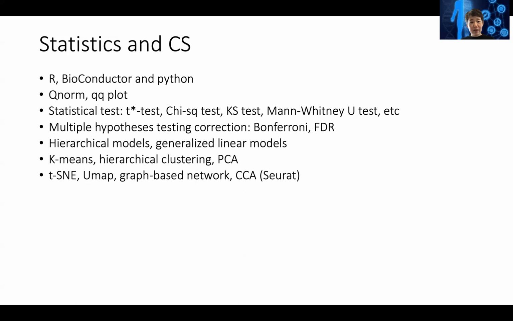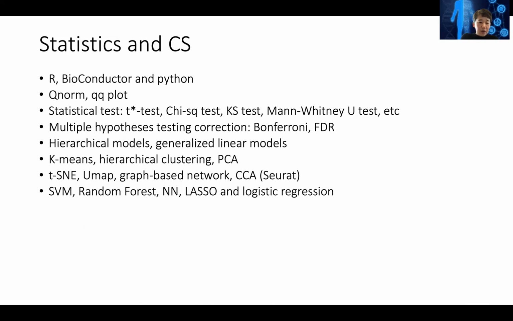These are kind of the CS or machine learning approaches that people are using now in bioinformatics. We have discussed some machine learning approaches such as support vector machine, random forest, neural network, lasso, and logistic regression approaches. And you've tried that in the homework as well.